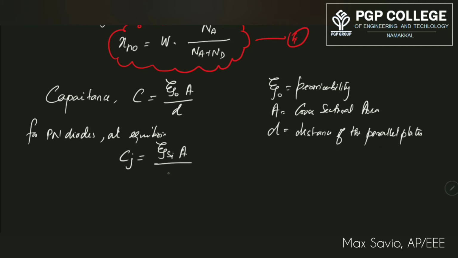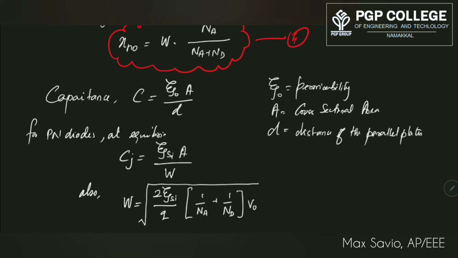So I'm putting it as capital W. And this W expression for the p-n junction diode can also be given as the root of 2 epsilon Si by q into 1 by Na plus 1 by Nd into V naught. Here V naught is the built-in potential, or we call it the junction potential.